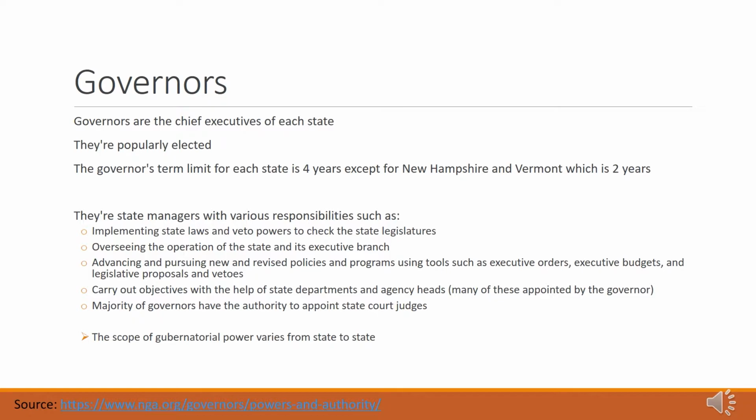Governors. Governors are the chief executives of each state. They're popularly elected, and the governor's term limit for each state is 4 years, except for New Hampshire and Vermont, which is 2 years.